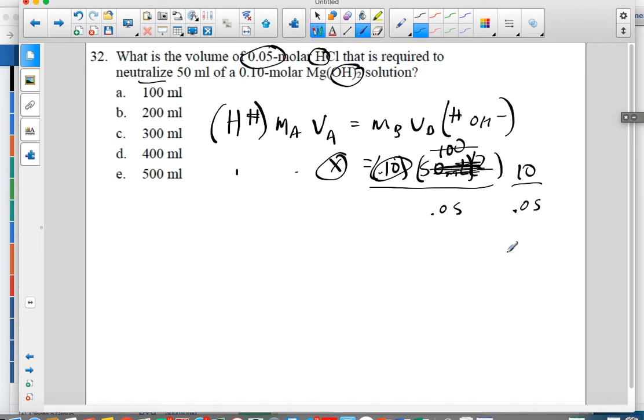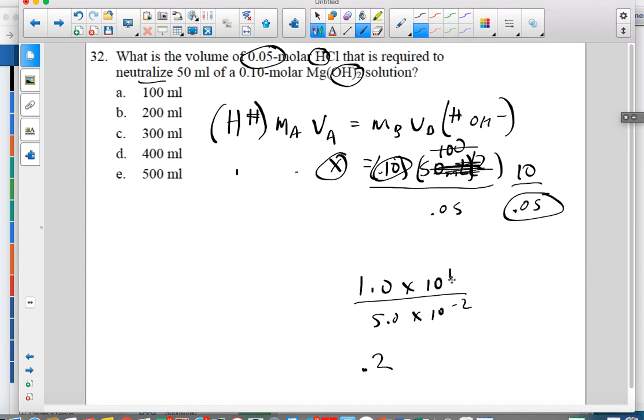Which ultimately, when I do the calculation, 0.5 is going to go into 1 20 times, and so it's going to go into 10 200 times, or you could put it in scientific notation. You could go 1.0 times 10 to the first, if you're a little rusty with your math, over 5.0 times 10 to the negative second. 1 divided by 5 is going to be 0.2.